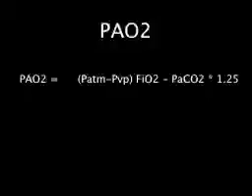And when we multiply that value, atmospheric minus vapor pressure, by FiO2, remember the FiO2 needs to be a fraction. So you would multiply by 0.5 for 50%. Make sure that you do convert FiO2 into a fraction, or you can easily get this calculation wrong.